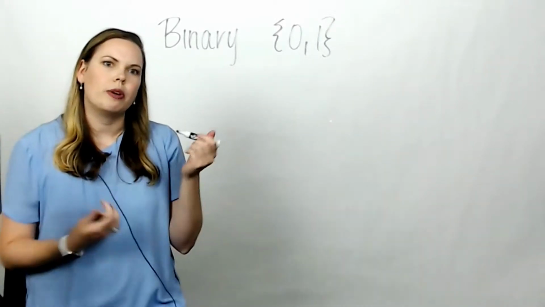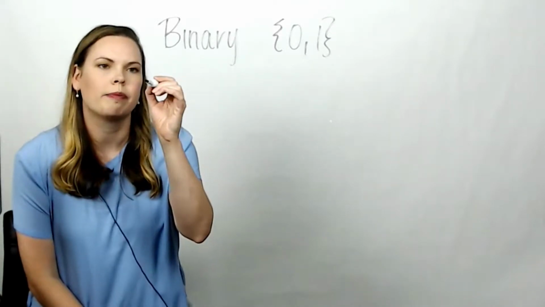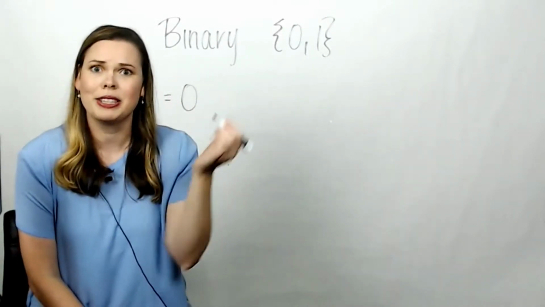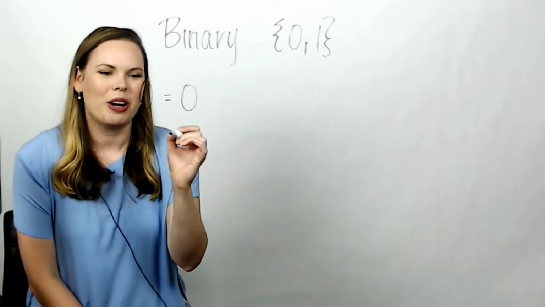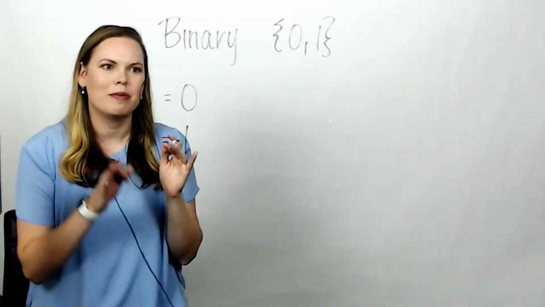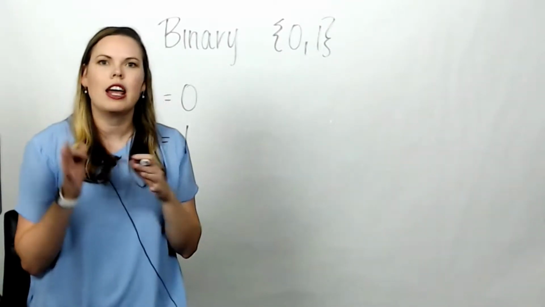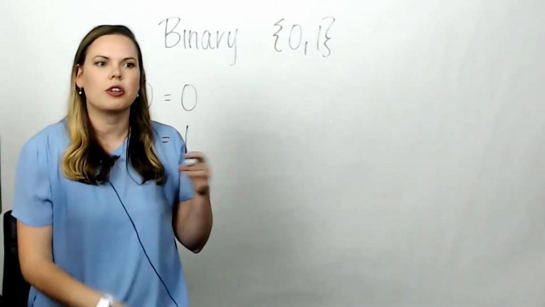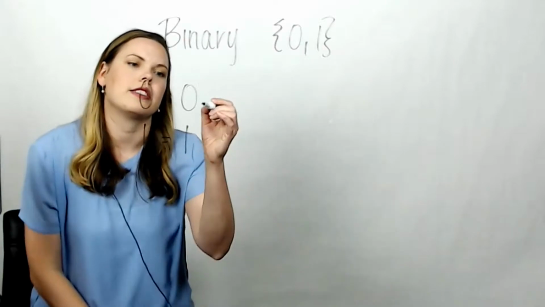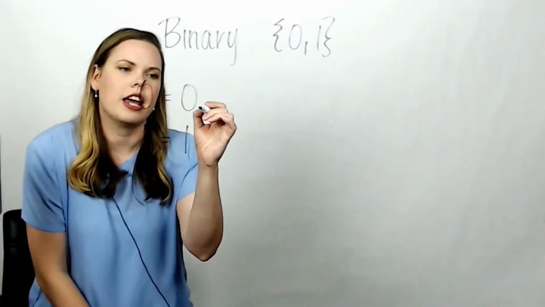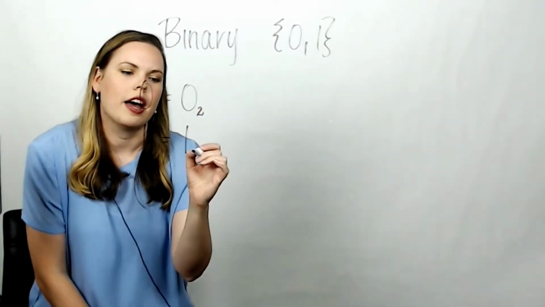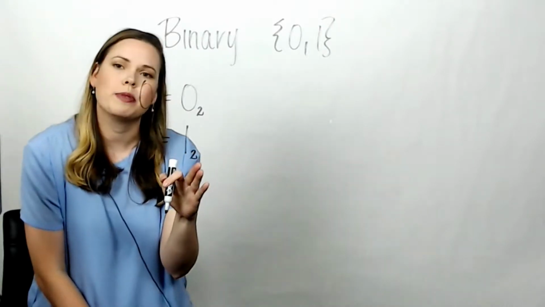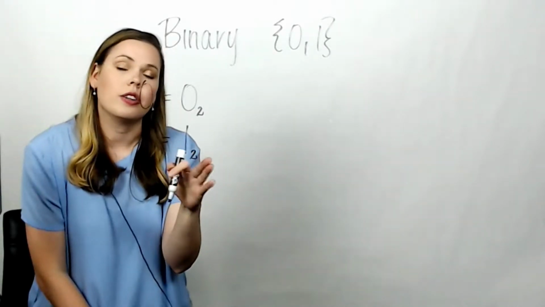We'll start with representing 0 in binary, and that's just going to be 0. Real easy there. 1 in binary is 1. To distinguish between base 10 and binary, usually base 10 is left alone because that's what we're used to, and if it's in a different base other than 10, then the base is written as a subscript to the numeral.